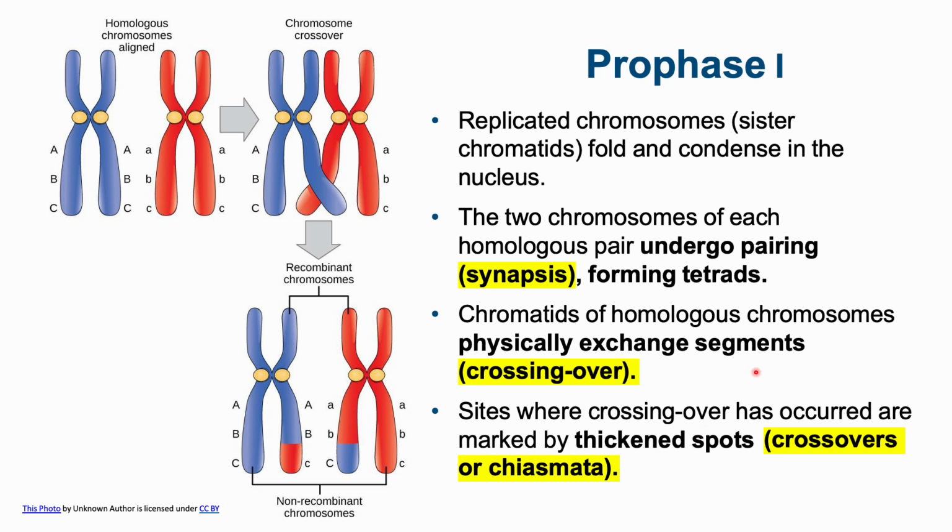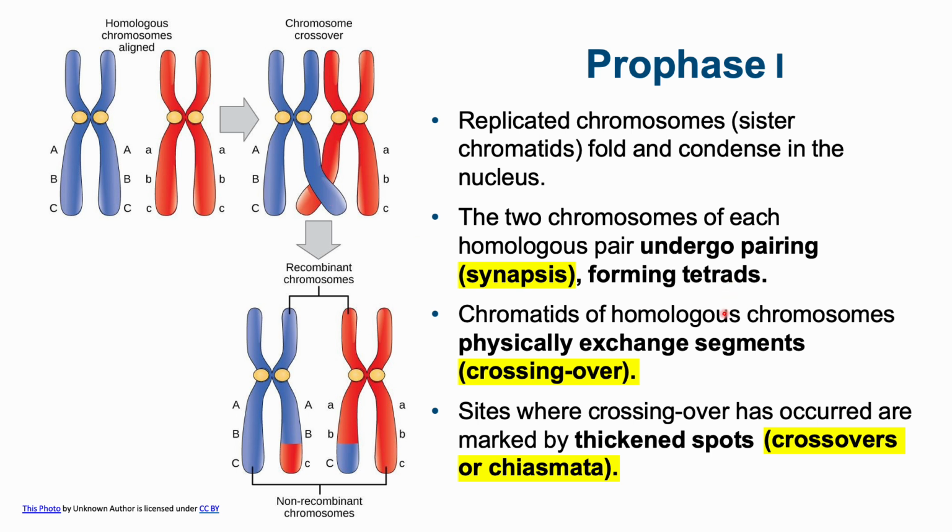So after synapsis or after the pairing of homologous chromosomes, these homologous chromosomes will physically exchange segments, which is the crossing over. So basically, during crossing over, nag-e-exchange gift lang yung chromosomes natin or nagpapalit lang sila ng segments. Kaya kita nyo, ayan, para silang nag-holding hands na pa-cross.